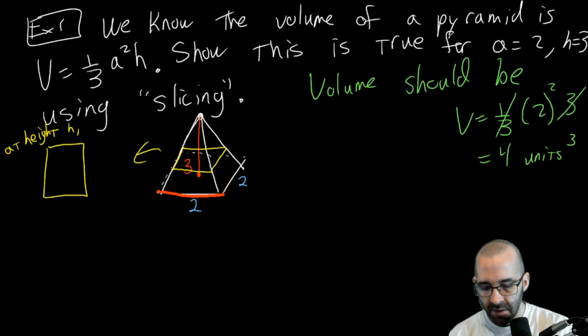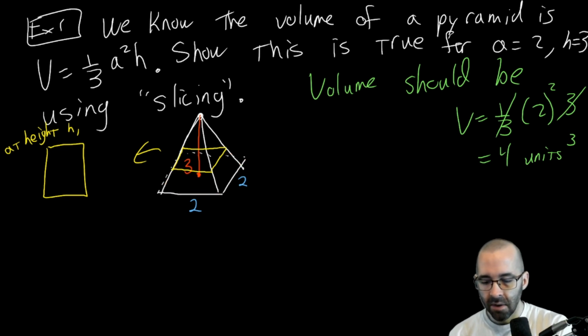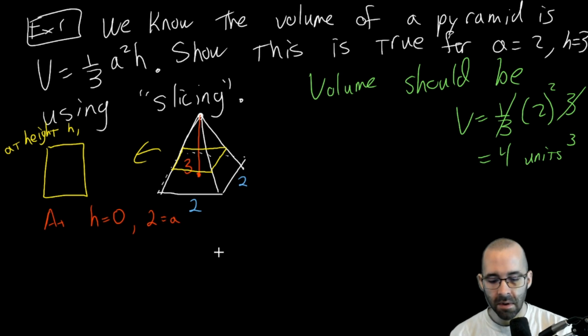So at the base, at height 0, when h is equal to 0, when we're at the very bottom, this is a 2 by 2. So the side length of this yellow guy is going to be 2.